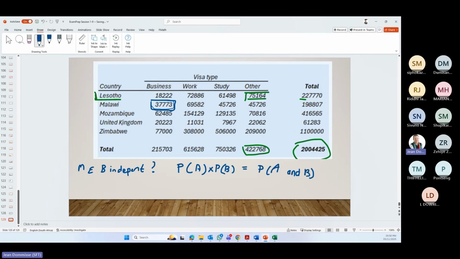If those two are similar, then those two variables are independent. So what's the probability of Malawi? It's 37773 divided by that total. And I made a mistake.